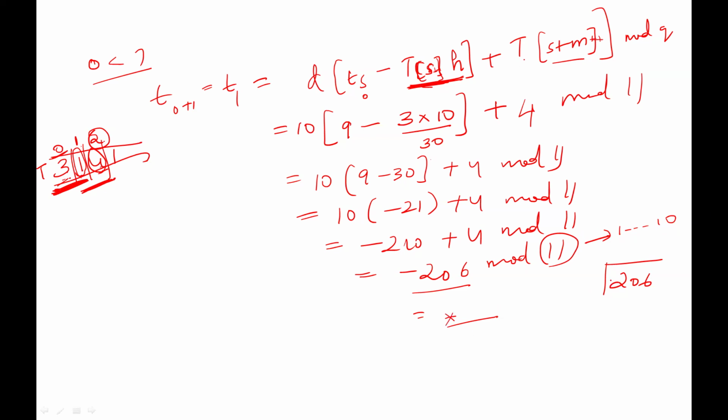So what is minus 206 mod 11? We know that when you look at the table, 11 into 18 will give you a value lesser than 206. But when you write a lesser value here and you try to subtract it, the greater value is the topmost one, so every time you'll have a negative value at the mod. So you should have a greater value at the bottom, so that when you do a minus of this, this becomes a plus.